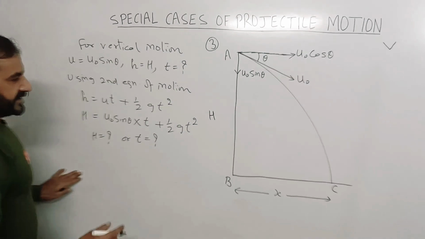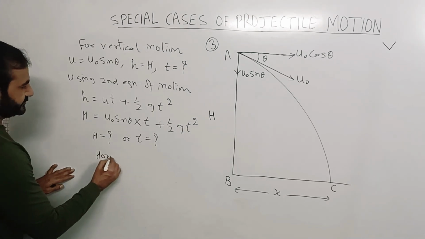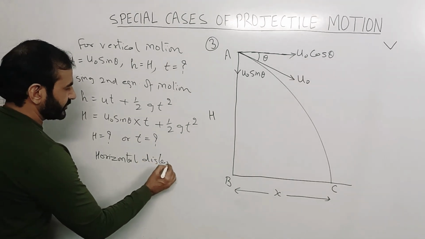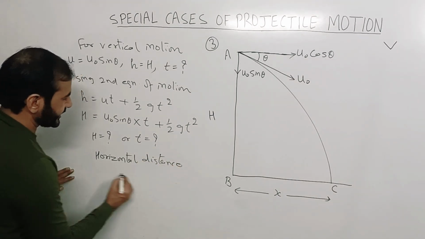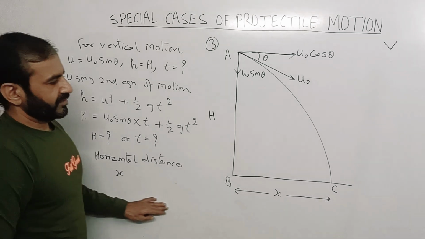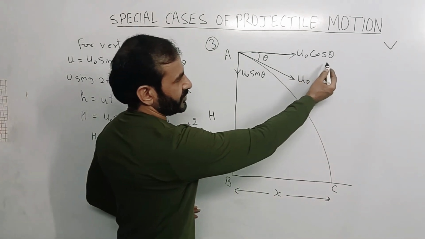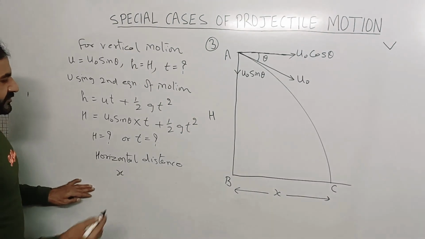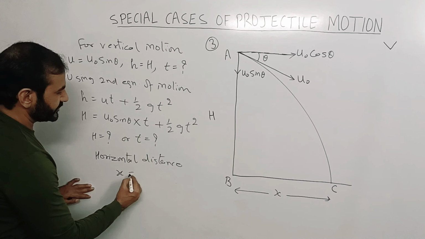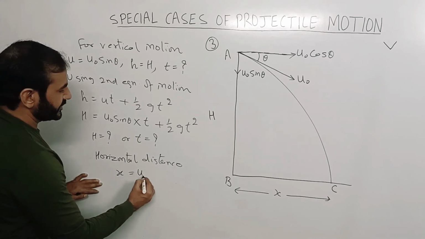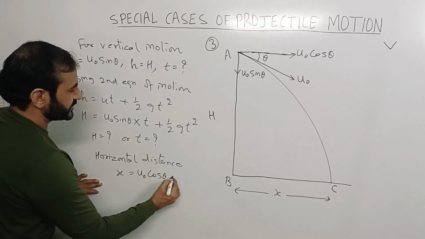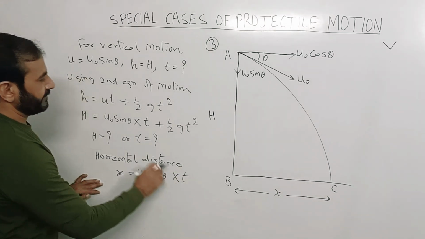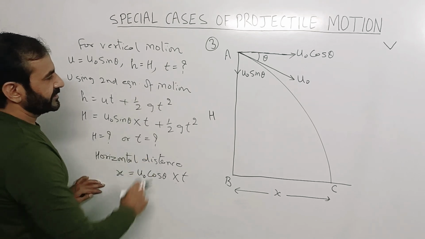Now horizontal distance, x. Obviously horizontal distance x is covered with velocity u naught cos theta, which is constant. And for constant velocity we use this formula, x equal to speed into time, u naught cos theta into time, which we have calculated using this equation.